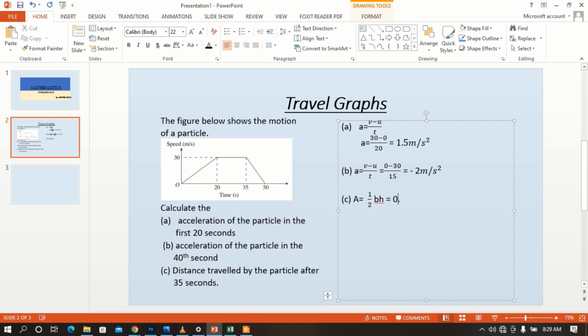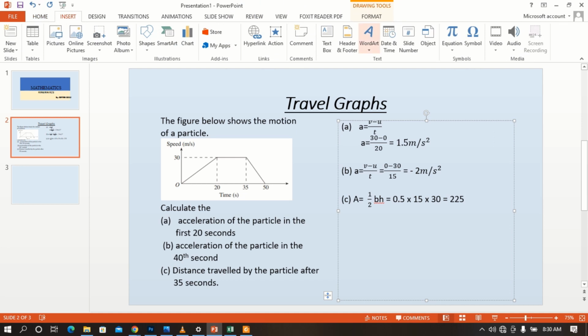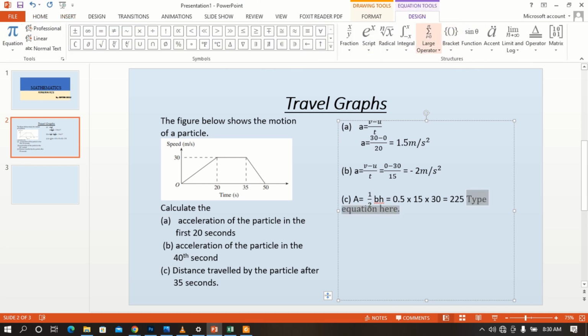So half of that is 0.5. So 0.5 multiplied by 15 multiplied by the height. From the rest position here up to the maximum speed, which is 30. So half of 30 is 15. 15 multiplied by 15 is 225.